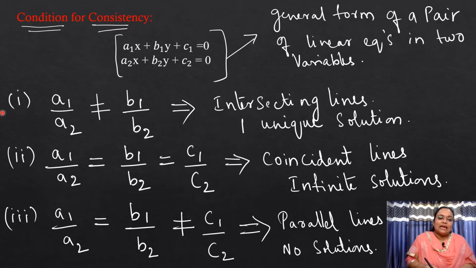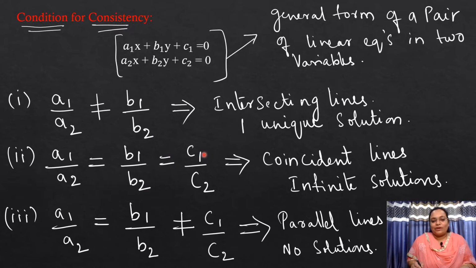So these are the three conditions for the consistency. Okay, if you just remember these three conditions, by seeing the question, you can say if they are intersecting lines, coincident lines, or the parallel lines. Okay, if they are intersecting lines, a1 by a2 will not be equal to b1 by b2. Okay, so if they are coincident lines, a1 by a2 will be equal to b1 by b2.